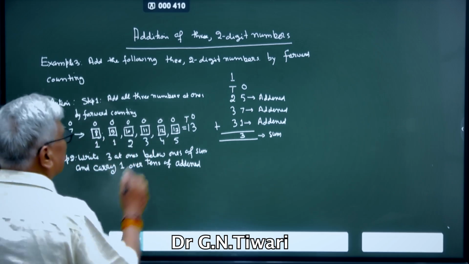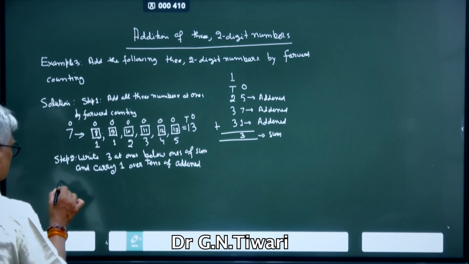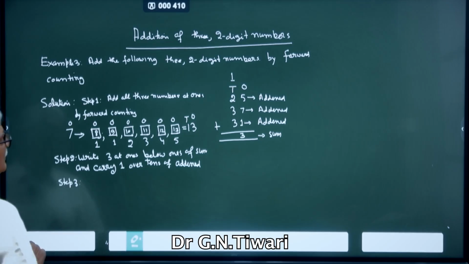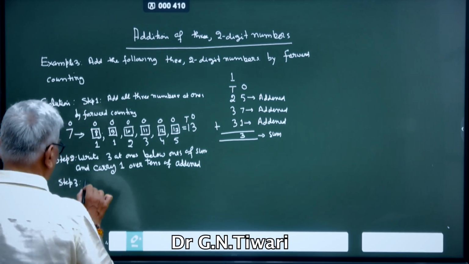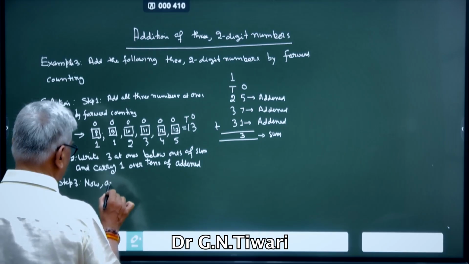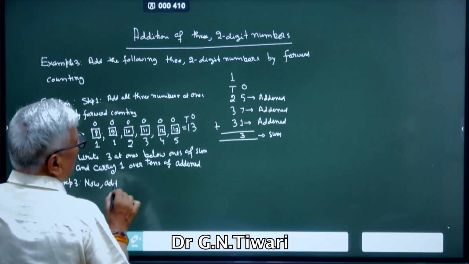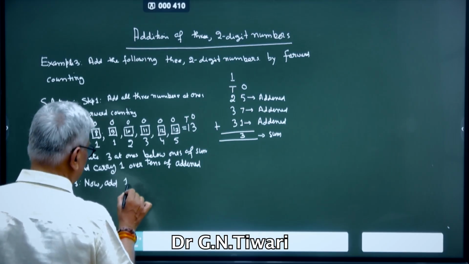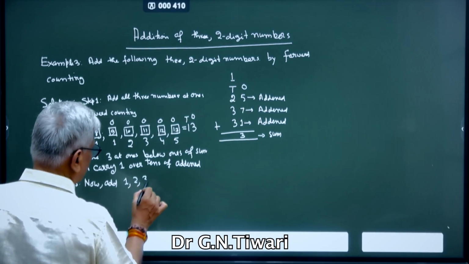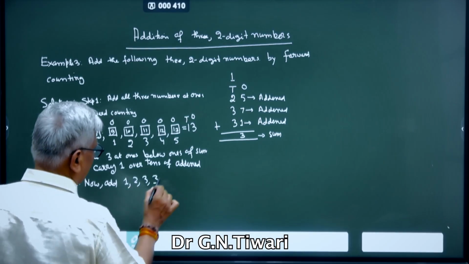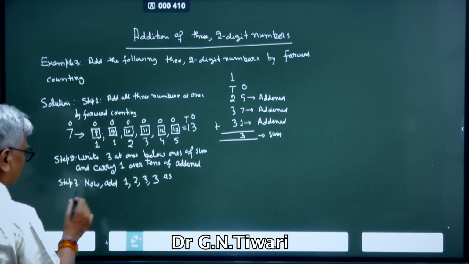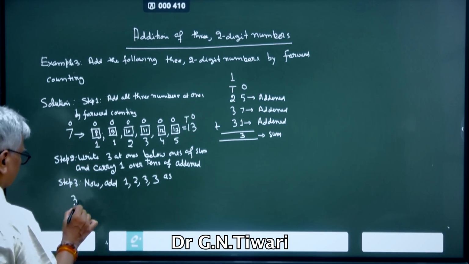Now step 3. Now add 1, 2, 3, 3 by forward counting. The largest number is 3, so put here 3.